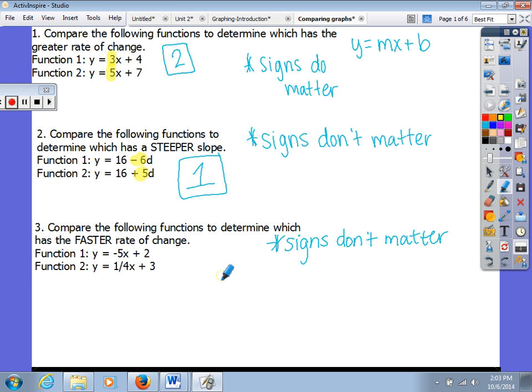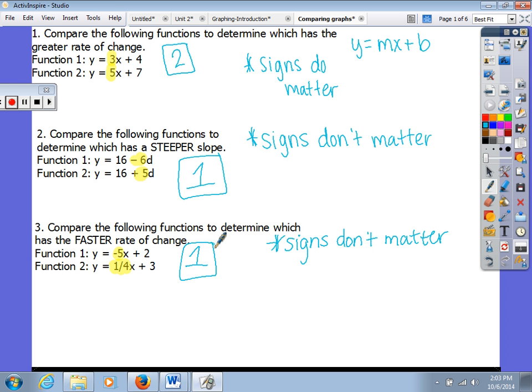What is my rate of change for function 1? -5. What's my rate of change for function 2? Positive 1/4. So which one has the fastest rate of change? Yeah, function 1. But remember, if I had said greater, then what would my answer have been?